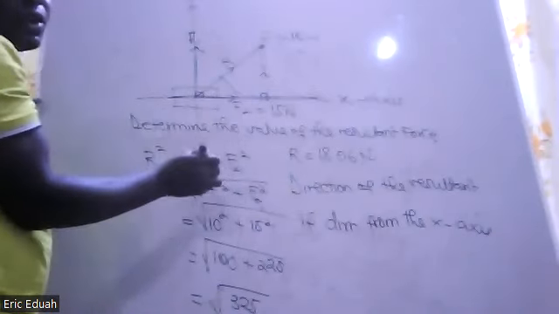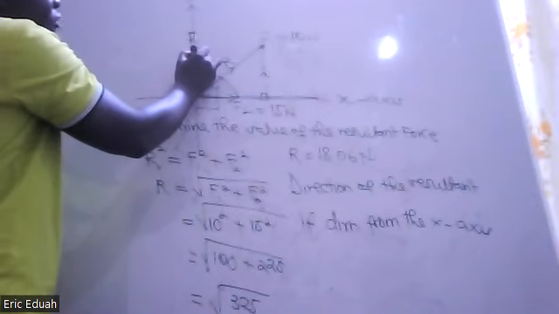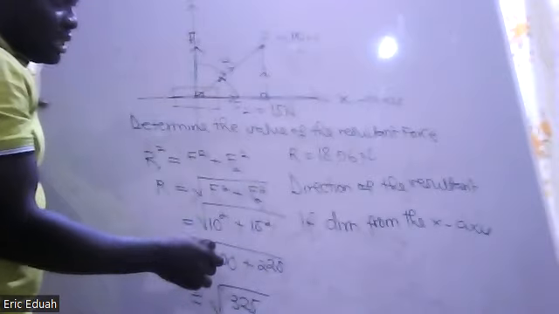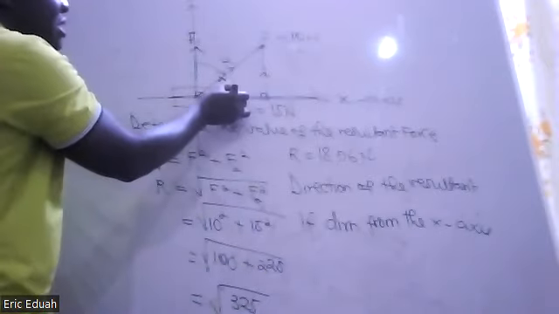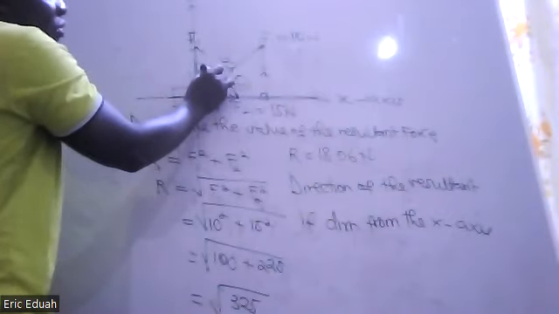So if you are looking for the direction, we can take it from the x-axis or from the y-axis. Both ways will do. Is that okay? So if it is from the x-axis, then this is theta, the angle between the x-axis and the resultant. Regina, are you fine?